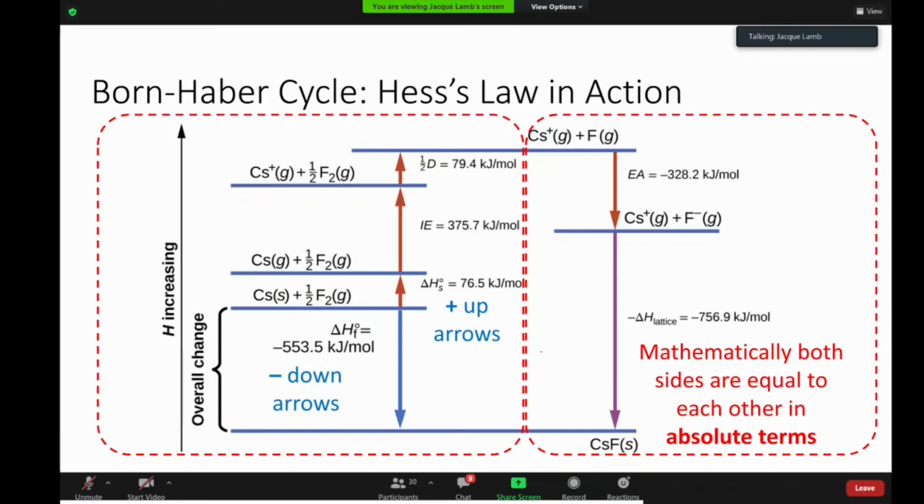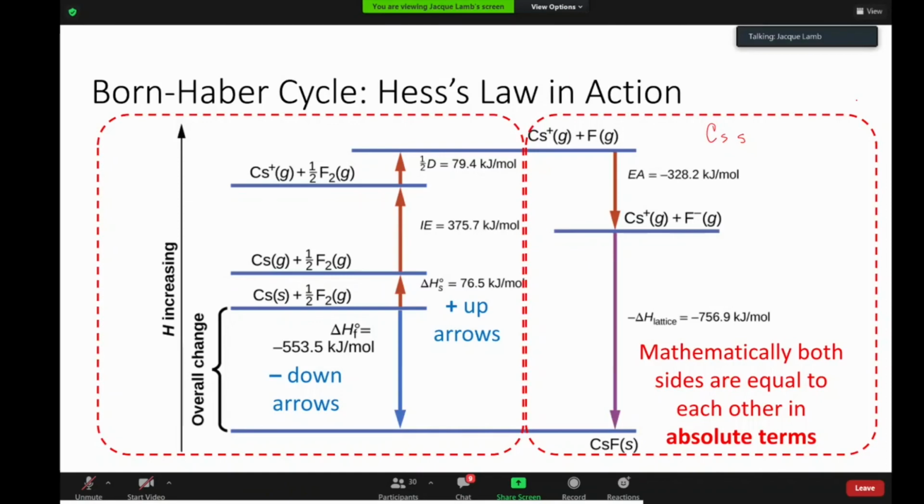So let's take a look at this. We can say that if we want to take cesium as a solid plus 1/2 fluorine gas, and from that form cesium fluoride.